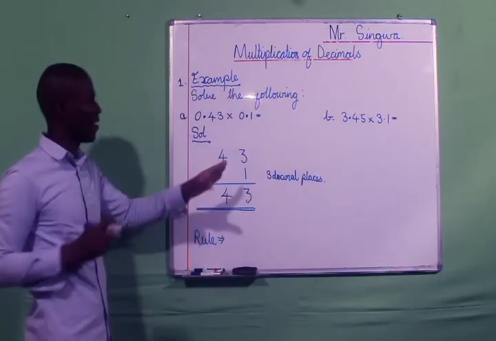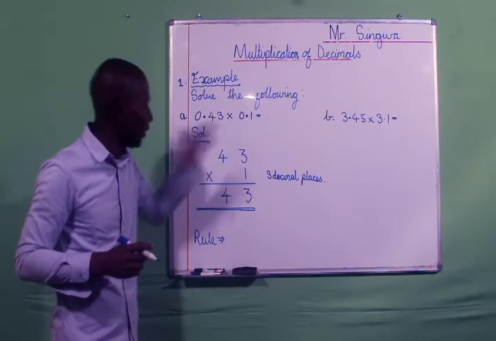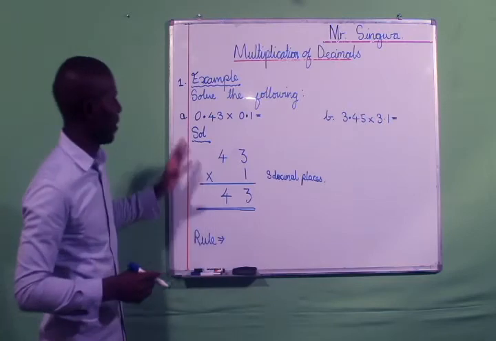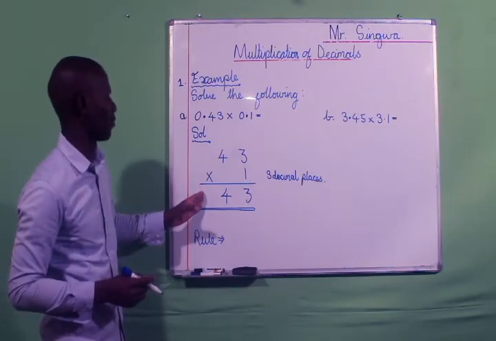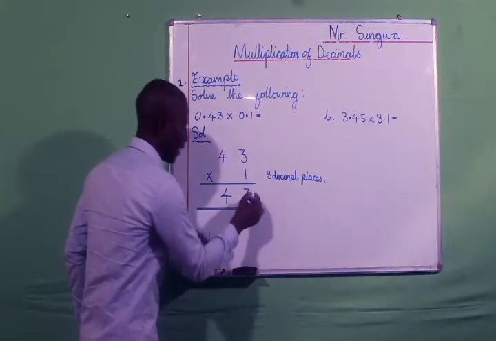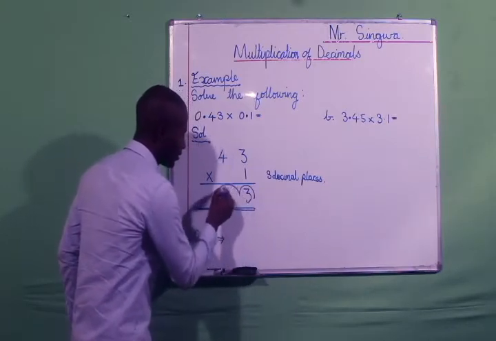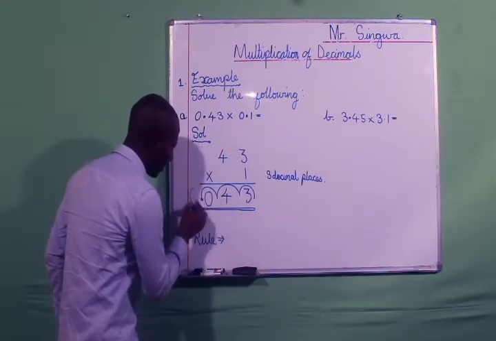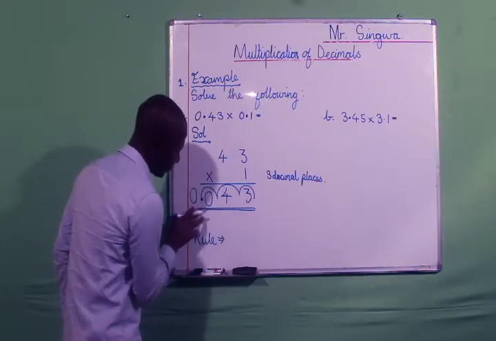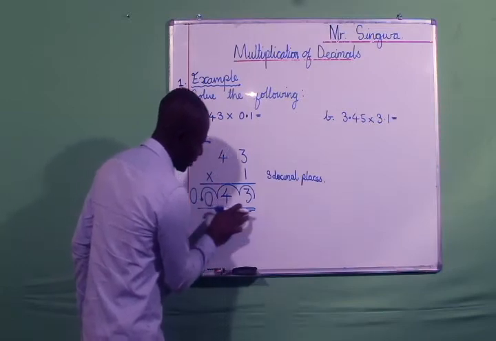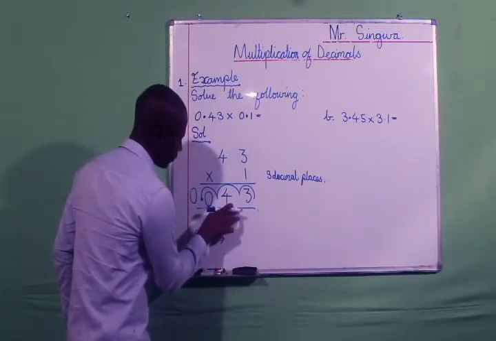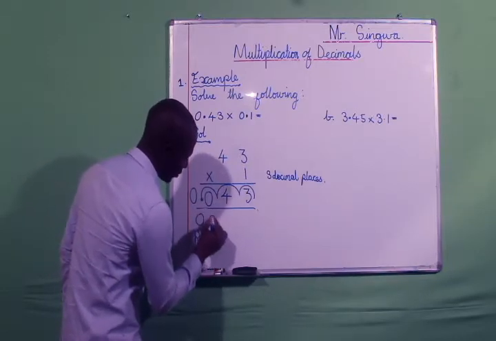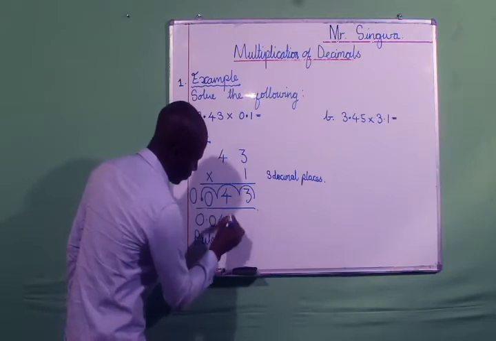So now, when you have 3 decimal places, 1, 2, 3, what you do is create the decimal places. Don't begin from here, but begin from here. 1, 2, 3. So where you have this is going to be like this. So probably your final answer, therefore, is going to be 0.043.